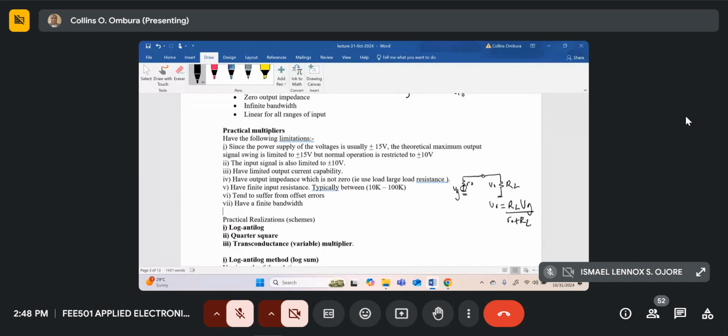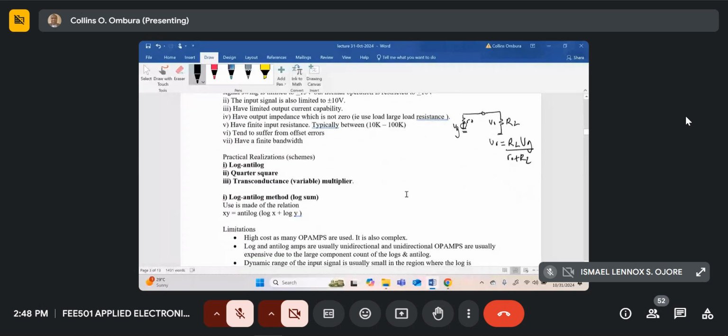Now let's see how we implement multipliers. This will be called practical realizations or practical schemes of realizing multipliers. The first one is called the log anti-log method. We'll be using log circuits and anti-log circuits, which we've just studied.